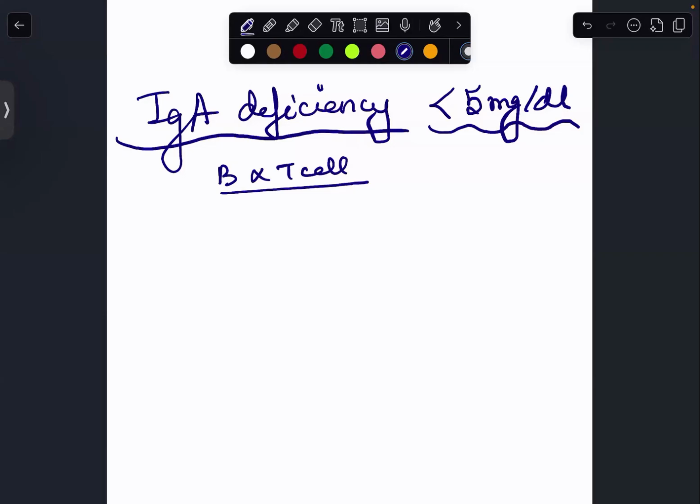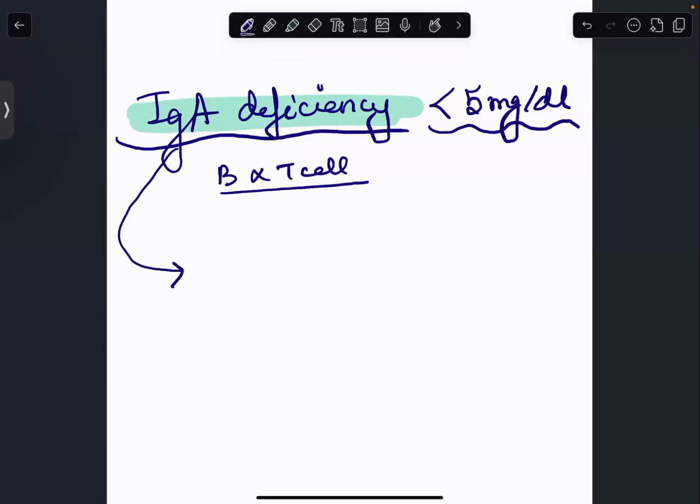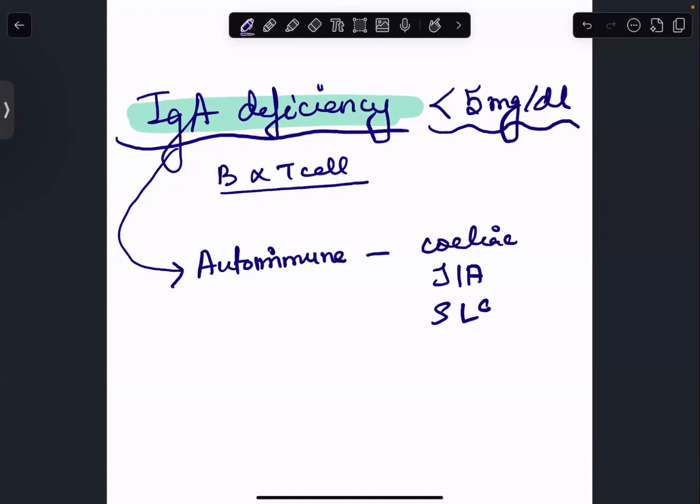Another important thing, which I think we have studied in FOP tasks as well: IgA deficiency is very commonly associated with autoimmune disorders. Which autoimmune disorders? Celiac disease, juvenile idiopathic arthritis, SLE, and pernicious anemia as well.